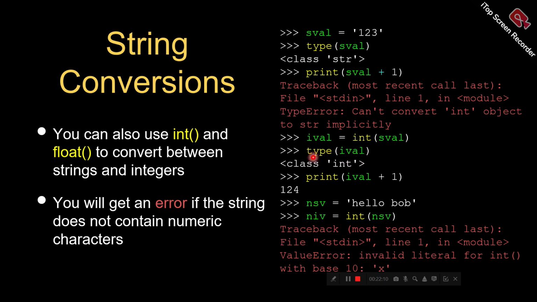Now this value will be converted into an integer and stored in this variable. So now the type of this variable will be integer. Now the addition is possible, right? Because this value got converted into an integer. Everyone getting it? So let's try whether any string can be converted into an integer or not.